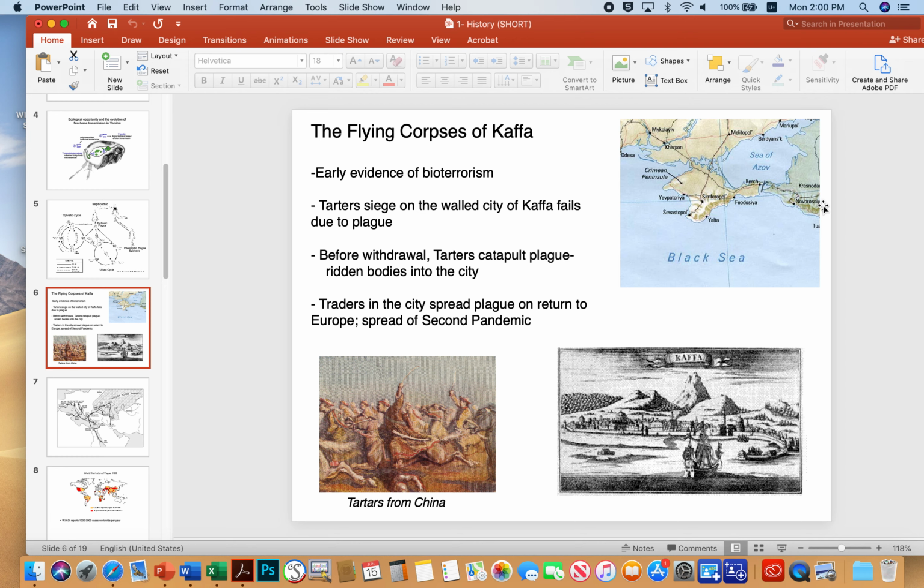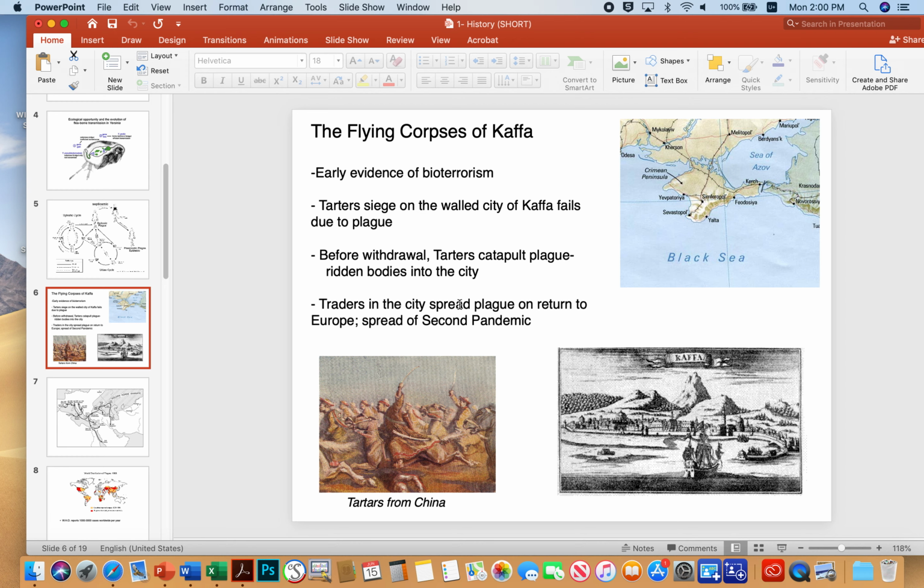And so individuals wanted to control this port, and there was a sort of a disagreement or argument, I don't know how to explain it better than that, between the Tartars or Mongols and the merchants that had established this colony of Kaffa, and this walled city, I guess, is a better way to say it.